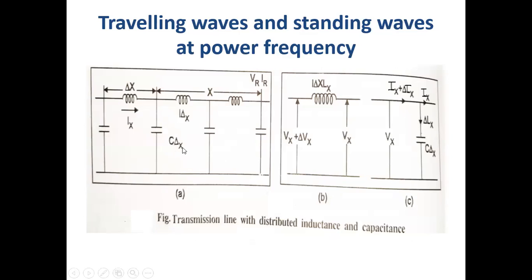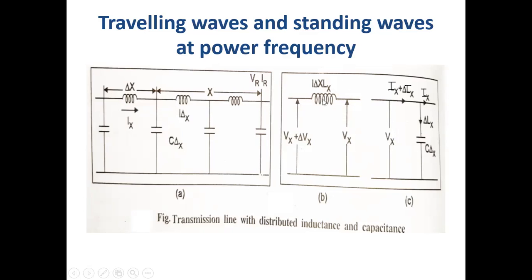Since it is considered only for a small element delta x, the capacitance will be represented by C into delta x, and similarly the inductance can be represented by L into delta x. From the load end towards the source side, the distance considered is capital X. From this point, a very small element delta x will be considered. The current flowing through the system is Ix. The voltage at the receiving end is VR, and the current at the receiving end is IR. This will be divided into two sections, one being the inductance and the other the capacitance.